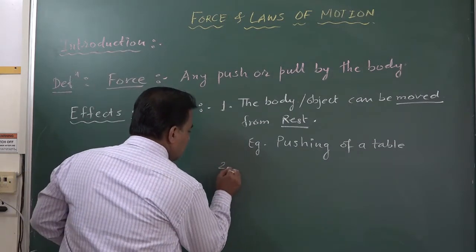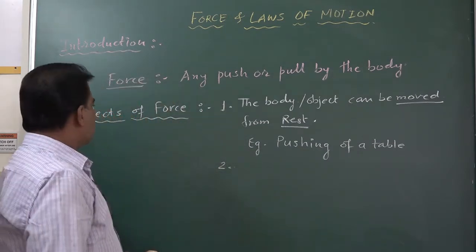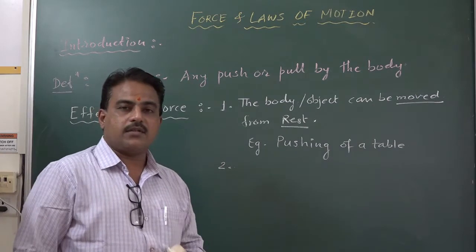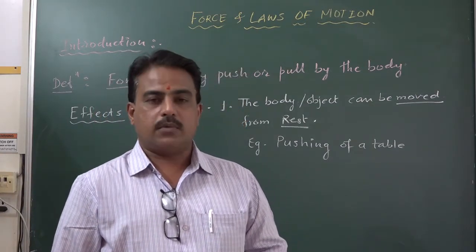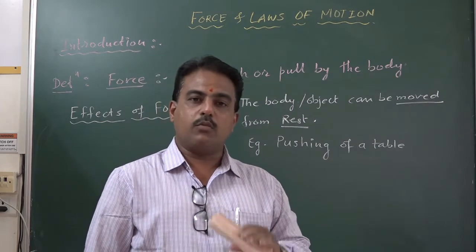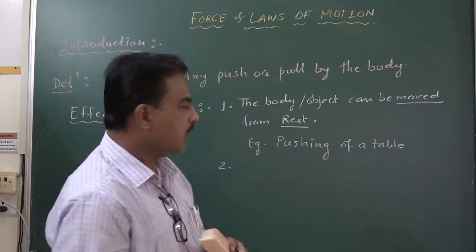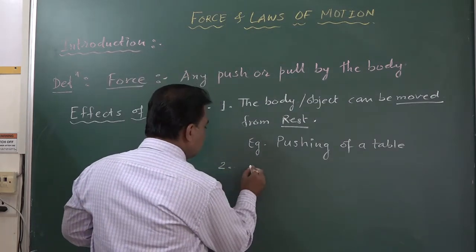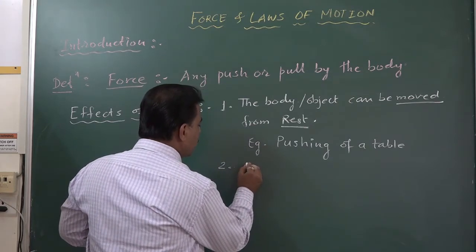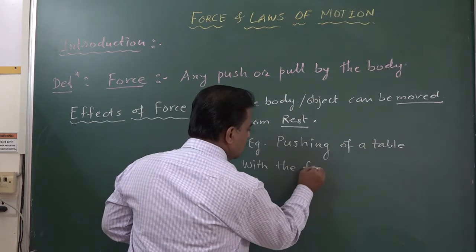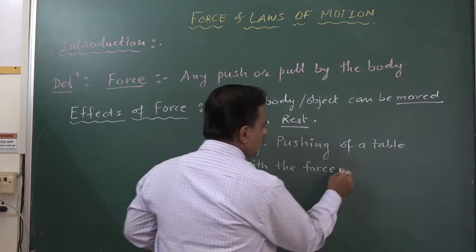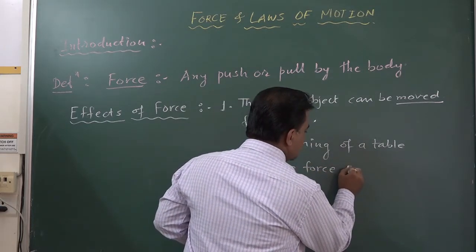Let us consider the second effect of the application of the force: suppose the body is in motion, you can stop the movement of that particular object. So the second effect is nothing but with the help of force, we can stop the object.